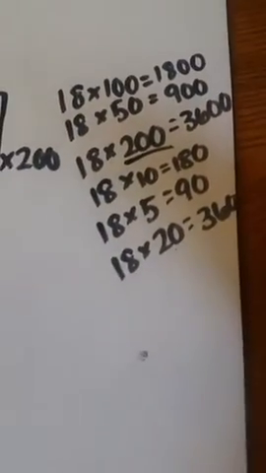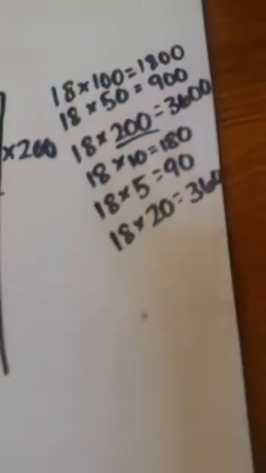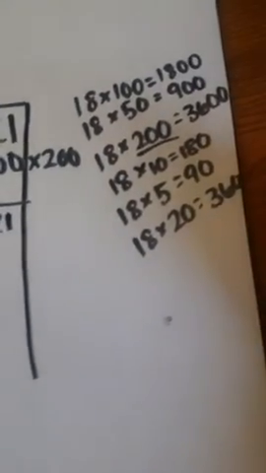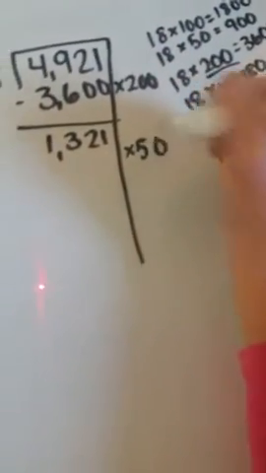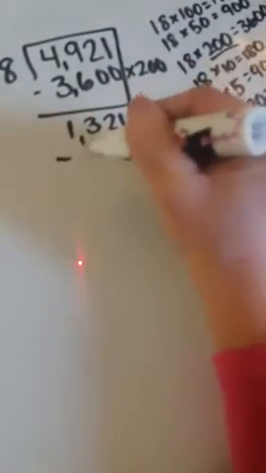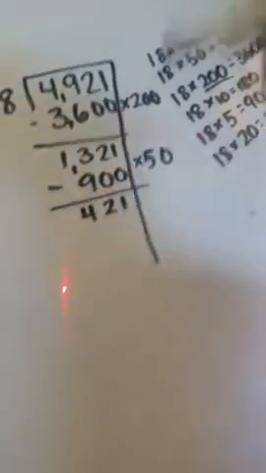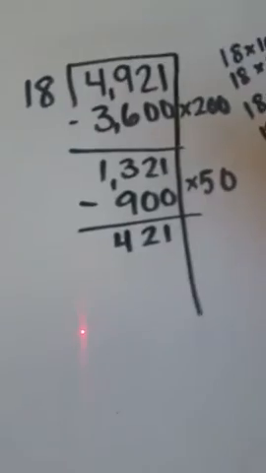So I look over my easy breezy facts and I go, what is closest to 1,321 without going over? Oh, I see there's a 900. So I'm going to put that over here as well. I'm going to subtract my 900. Okay, so I have 421 still remaining.